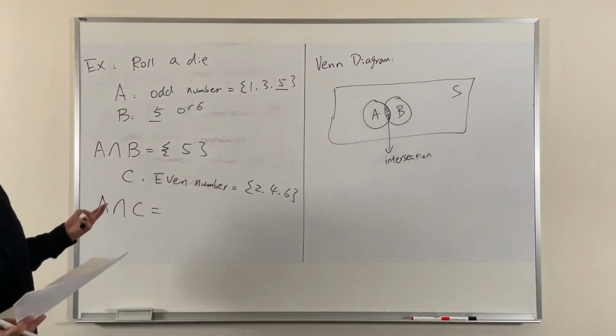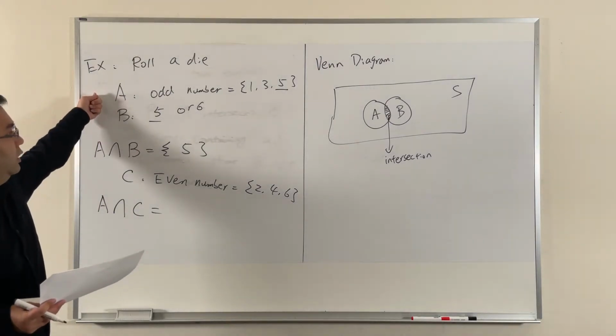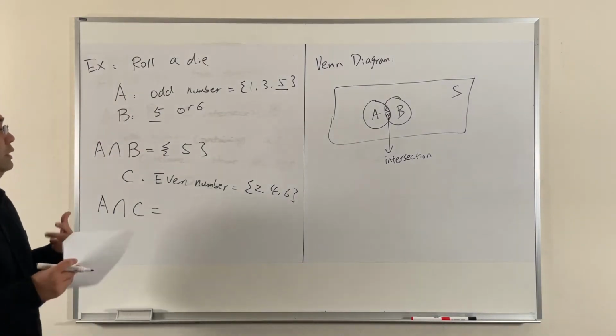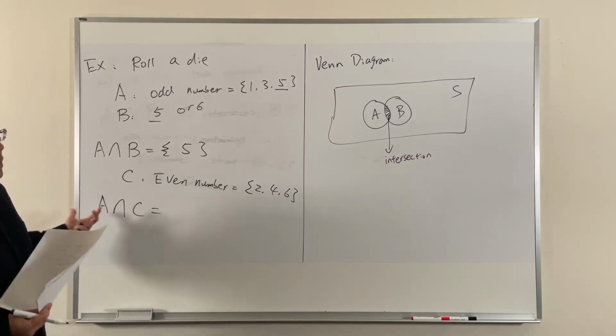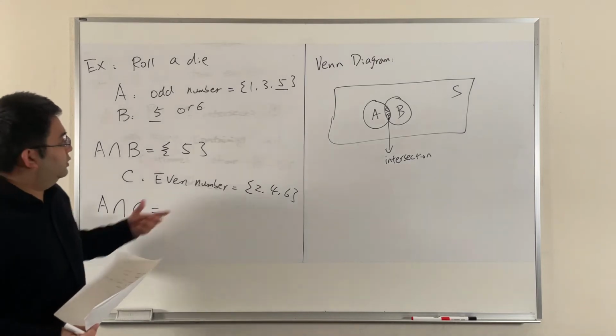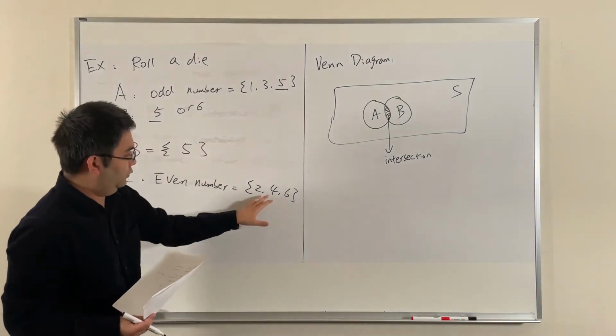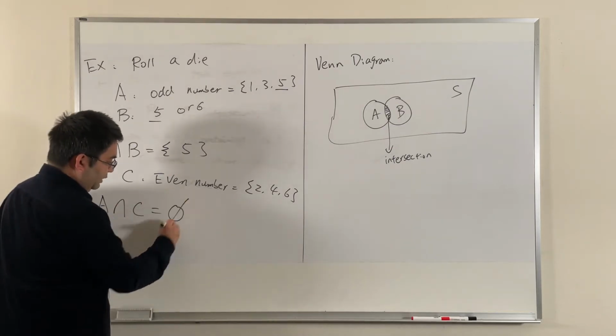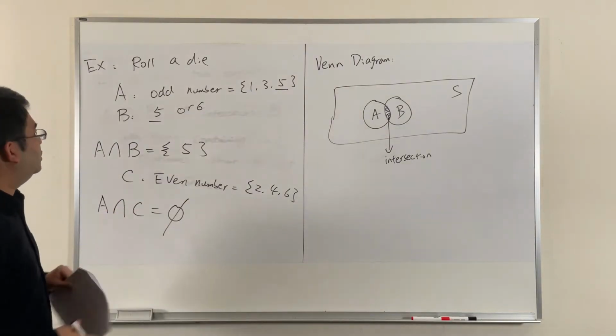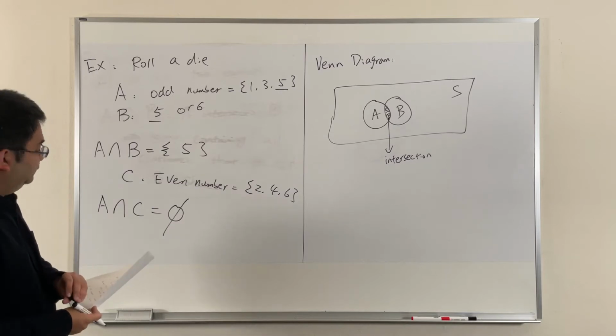As we can see, A is all the odd numbers and C is all the even numbers, which means there's no intersection in between. 1, 3, 5 are not here, 2, 4, 6 are not here. So this equals the empty set. There's no intersection between the two events.